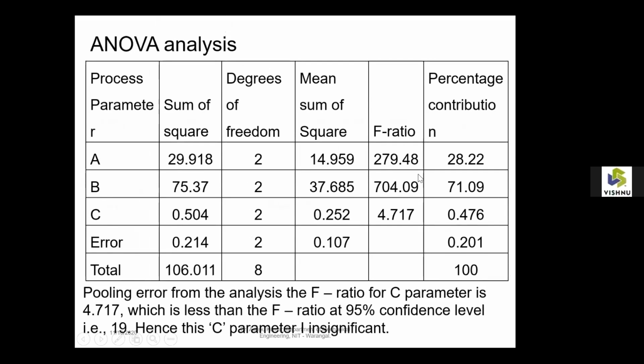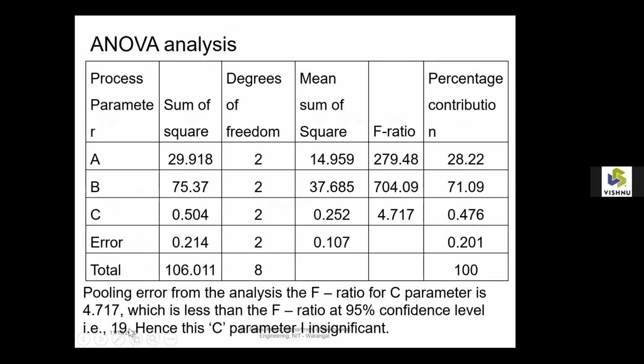And also you should calculate the F ratios and percentage contribution and tabulate it like this. So the F ratio is 279.487, this one 4.7. Your F ratio from the tabular column at 95% is 19.